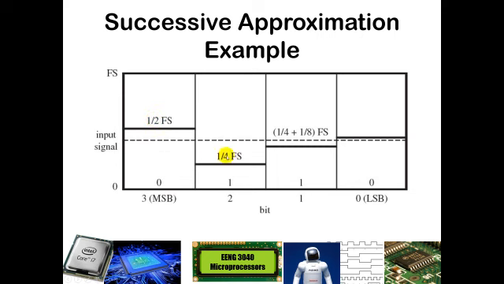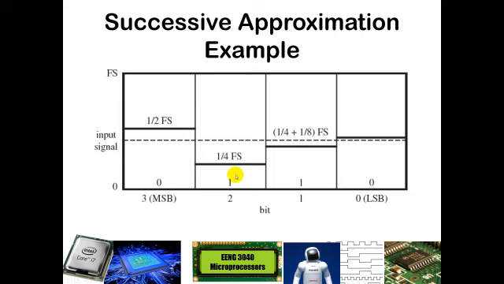Then we move on to our next bit, and that next bit represents 1/4 of our full scale voltage. We didn't take anything away from putting a 0 for half of full scale because we were less than that, and we see that our signal here is in fact greater than 1/4 of full scale, so we put a 1 down here.